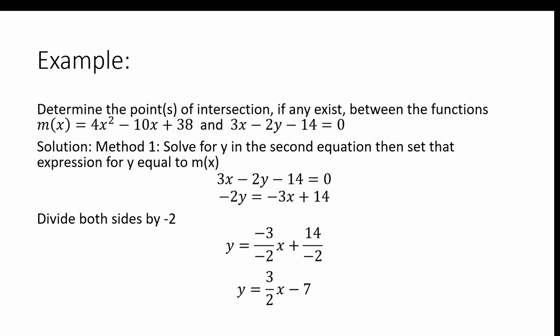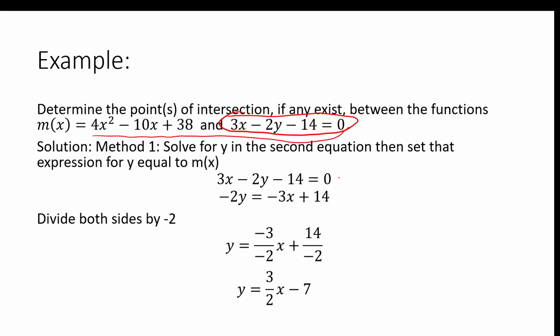And then finally, what if we were given the functions shown below? Well, what we could do to determine if there are any points of intersection is, first of all, let's try to get this linear expression expressed as a function in terms of y.